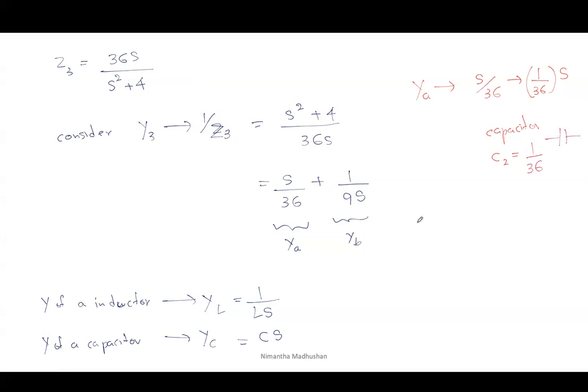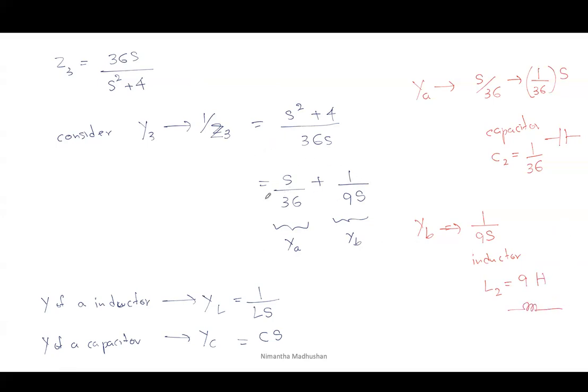And then I will consider the YB. It is 1 over 9S. It is more like this representation. That means an inductor. The value is 9 Henry.